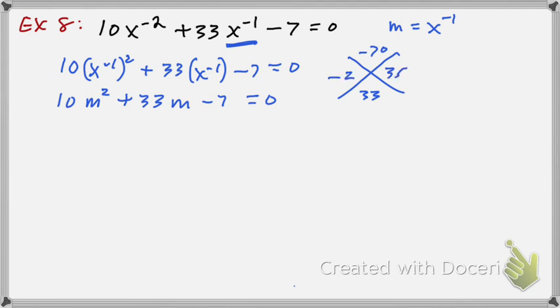So I've got 10m squared minus 2m plus 35m minus 7. So I can pull 2m out.